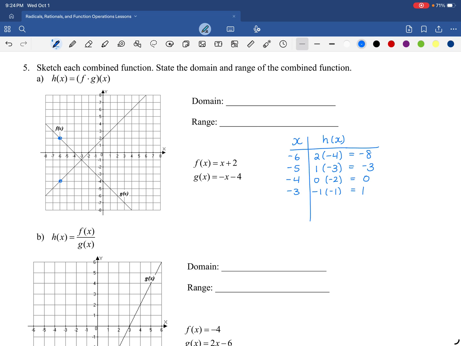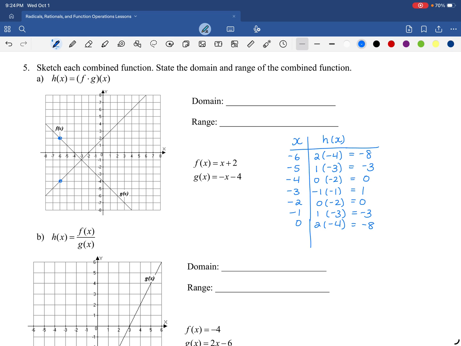When x is negative 2, I'm going to have a 0 and a negative 2 multiplied. So that's going to give me 0. When x is negative 1, I'm going to have a 1 and a negative 3 multiplied. So that's going to give me negative 3. When x is equal to 0, I'm going to have a 2 and a negative 4. So there's your y-intercept. It looks like the new y-intercept is negative 8.